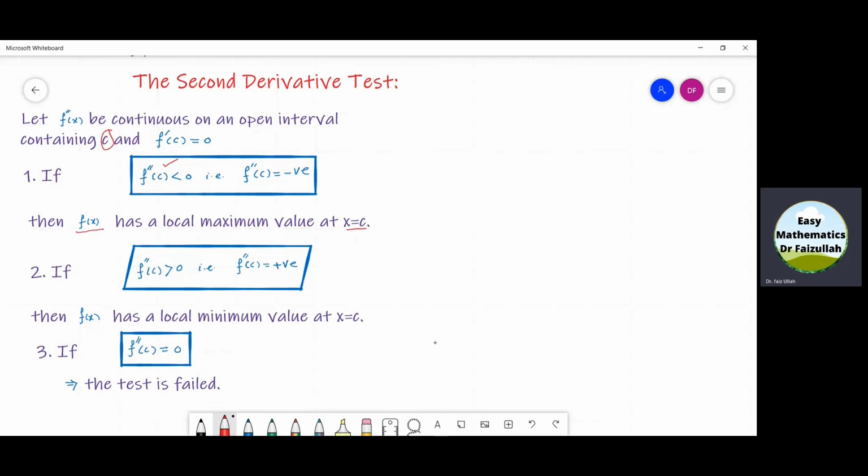And if we put C in f double dash of x and f double dash of C is greater than 0, in other words, if f double dash of C is equal to some positive number, in that case we say f of x has a local minimum value at x is equal to C. The last point is that if f double dash of C is equal to 0, this test will fail, and we will go to the first derivative test.